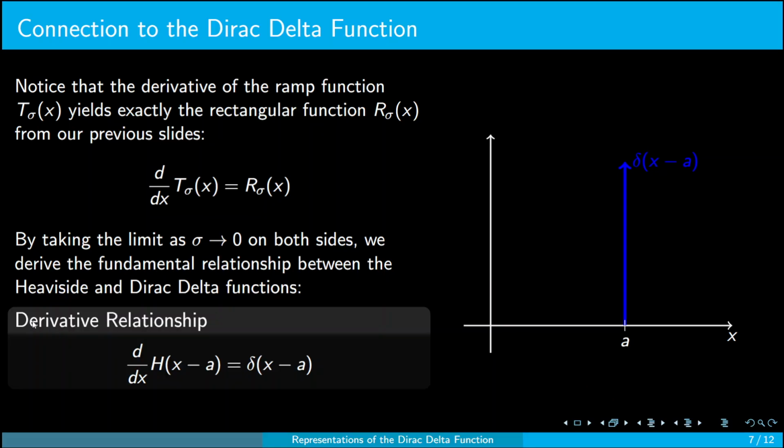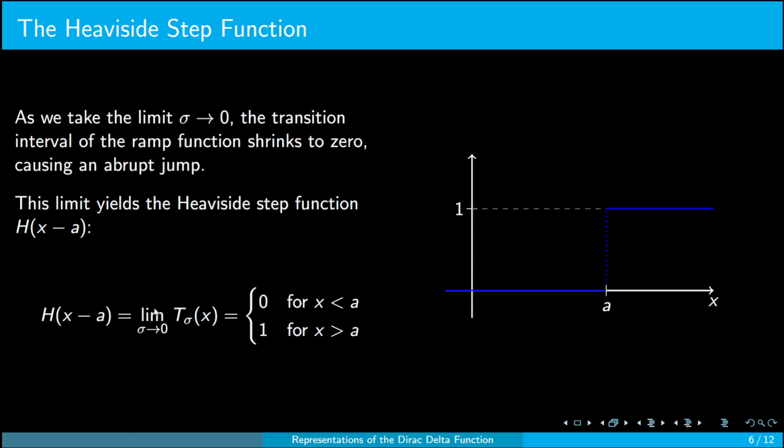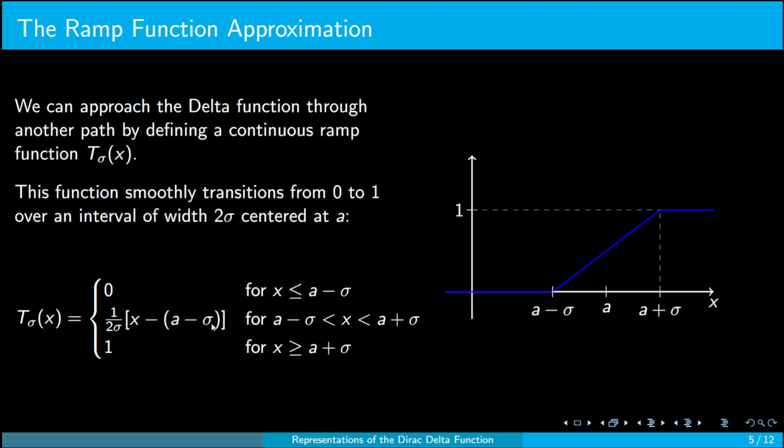So this derivative relationship, d upon dx of H of x minus a equals delta of x minus a, and if you remember, this H of x minus a can be written as the limit sigma tends to 0 of t sigma x. So let me show you t sigma x.